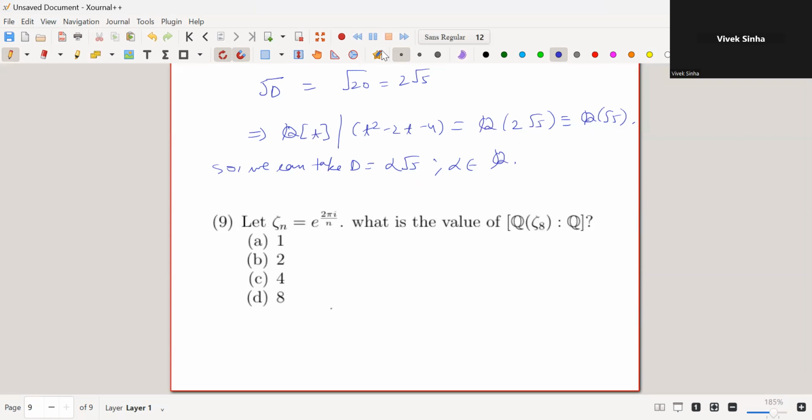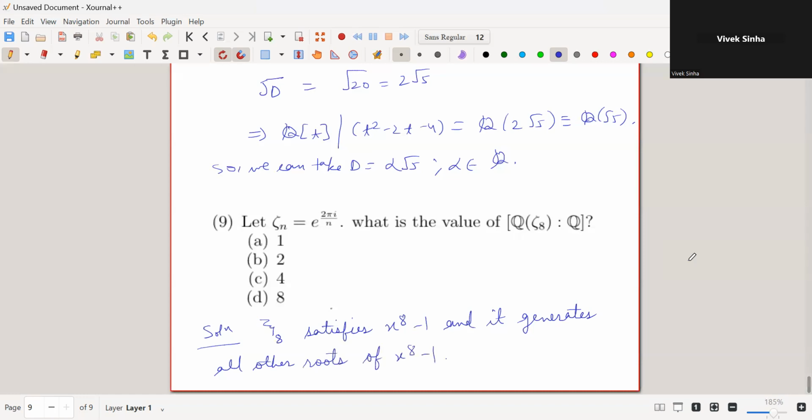C8 satisfies x8 minus 1, and it generates all other roots of x8 minus 1.